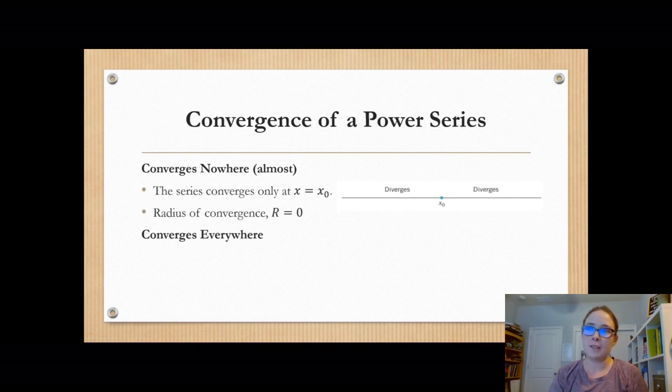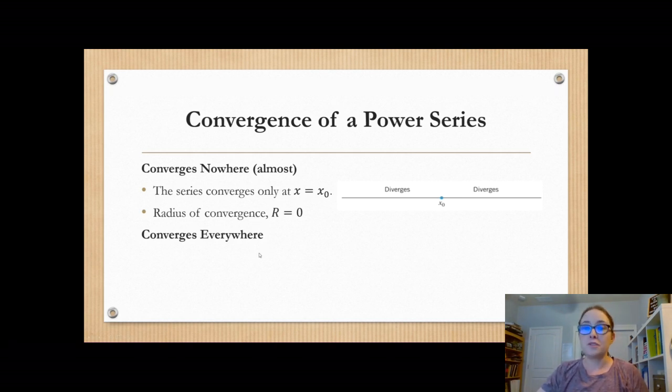If it only converges at x naught, then that little dot right there is my interval of convergence. And then everywhere else, every other x value, the series diverges. In that case, my interval of convergence is just the point, x equals x naught. And because the interval is just a single point, the radius of that interval, or half of its length, is going to be 0.